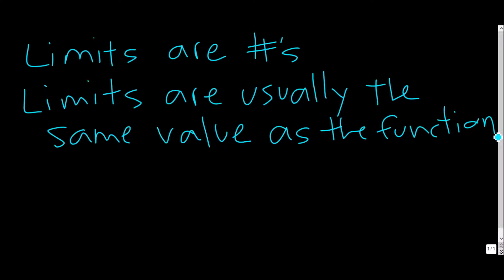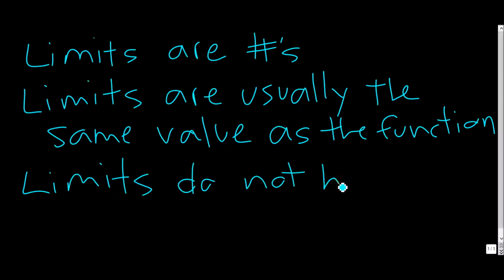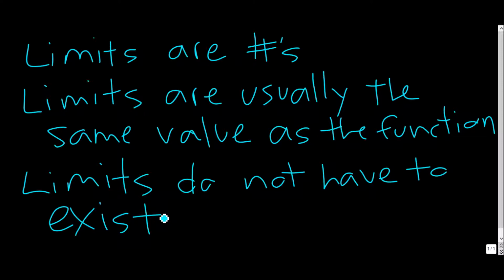Okay? And limits also do not have to exist. So we've got these different things. Limits are numbers, right? They're usually the same value as the function, but that's not always necessarily true. And they don't have to exist.